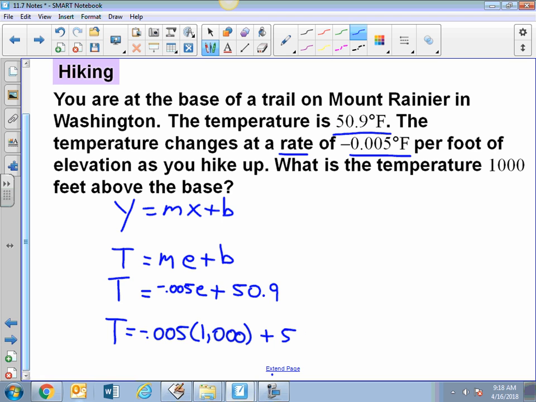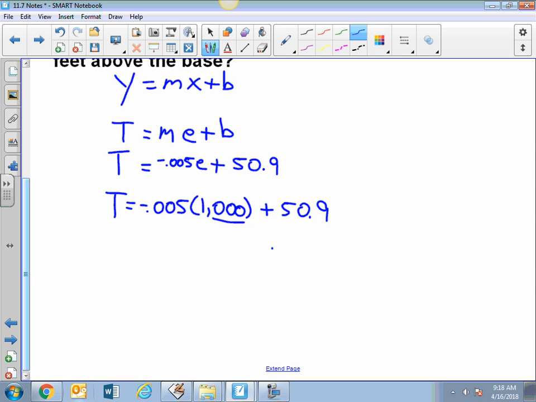Now, if you remember from our rules a long, long time ago, this has 3 zeros on it. So that means I could go to my decimal over there, and I could move it 3 spots. So in other words, I could make this -5 plus 50.9. At that point, you could add those 2 together, and I would get 45.9.